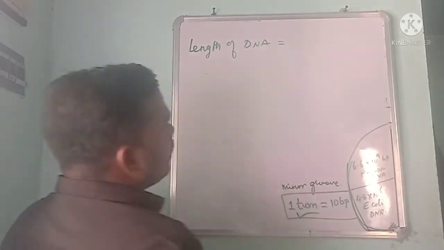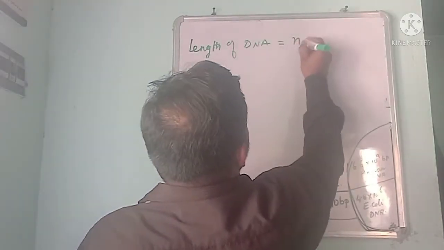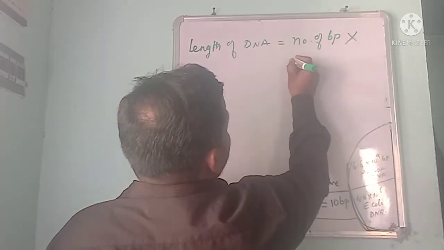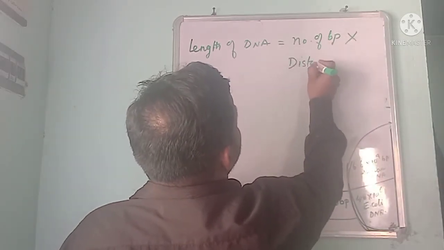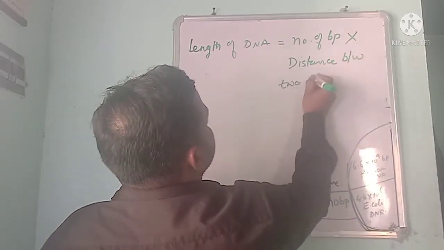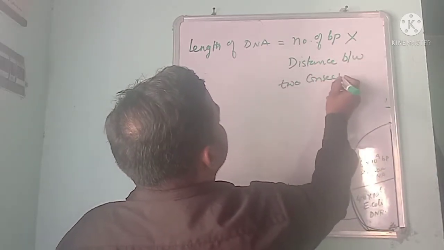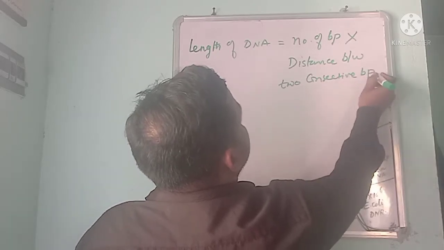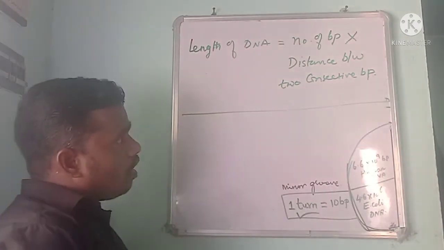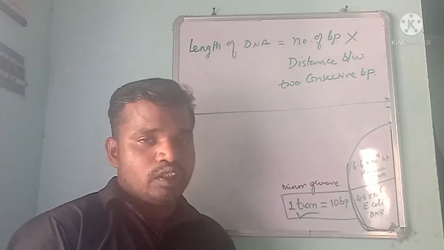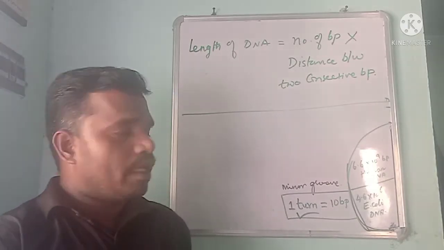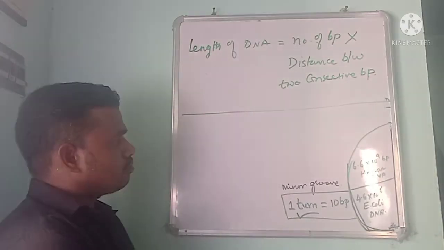We can calculate the length of DNA as the number of base pairs multiplied by the distance between two consecutive base pairs. This is the formula to find the length of the DNA as well as the number of base pairs in DNA. Got it? Clear? Fine.